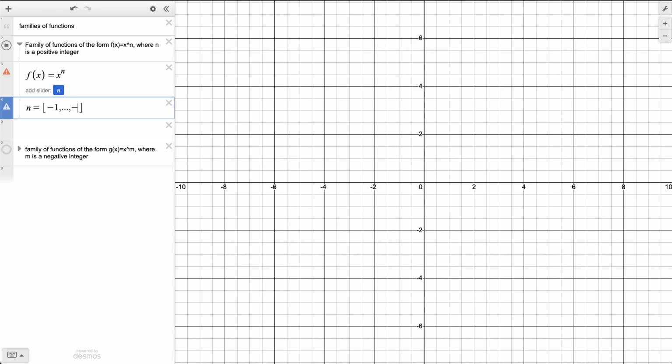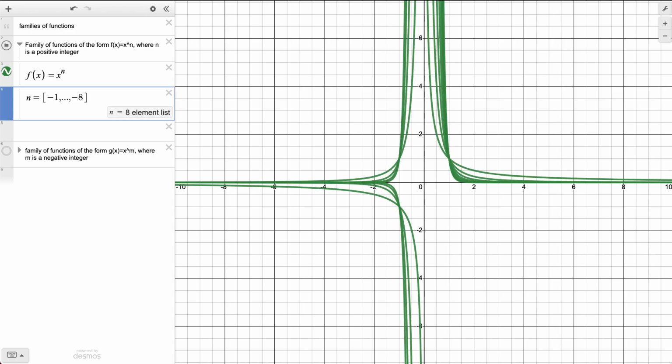Oops, -8. And that would give me a family of power functions with negative powers. All right. So that was a little bit of a digression on how to put this into Desmos, but this is basically looking at a collection of different functions where some of the parameters that define the function are the same and some of the parameters are allowed to vary.